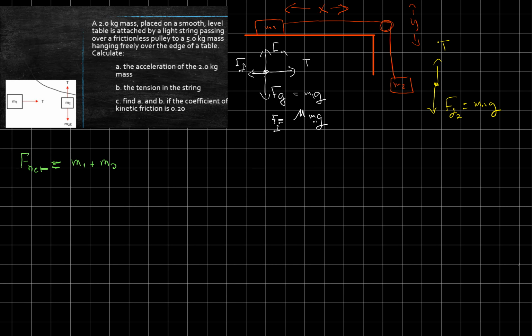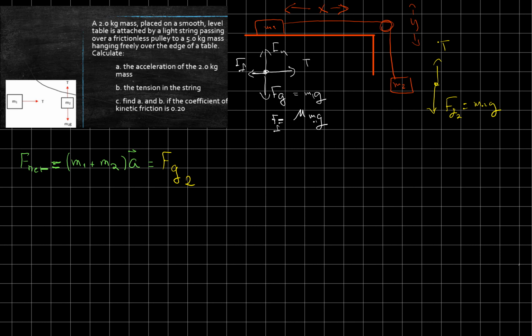And that net force, the thing that is causing it to move, is going to be the force of gravity of the second object, Fg2, and the opposite to that is going to be the force of friction of the first object. So we're going to say minus the force of friction of the first object.